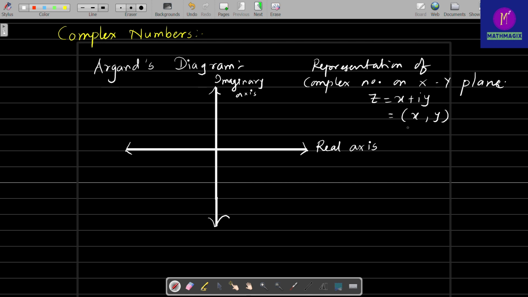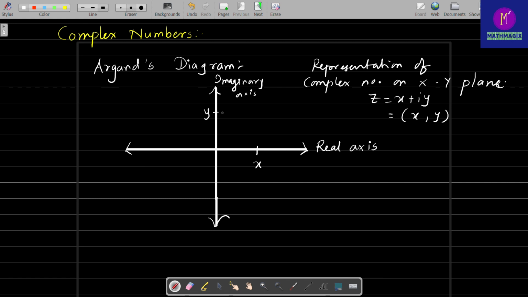As we are representing x comma y in xy plane, the same way we are going to represent z equals to x plus iy over here. I'm going to take x distance on the real axis because x is the real part of z, and y distance on the imaginary axis because y is the imaginary part of z.